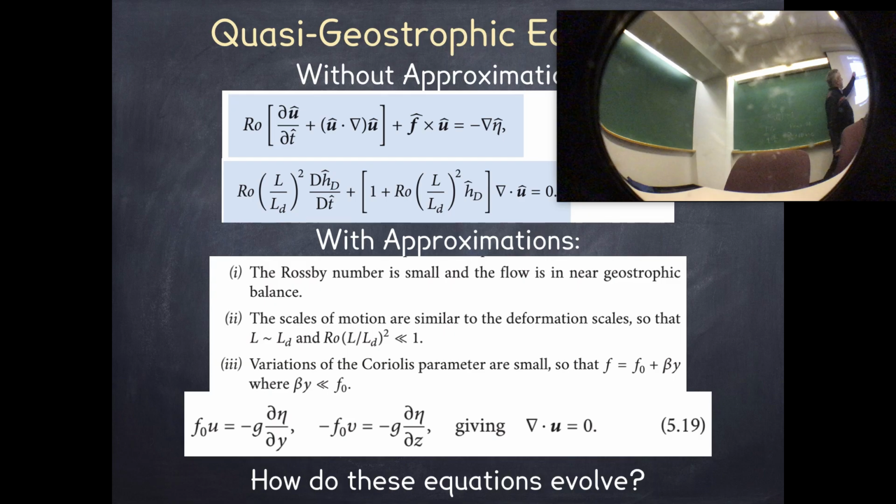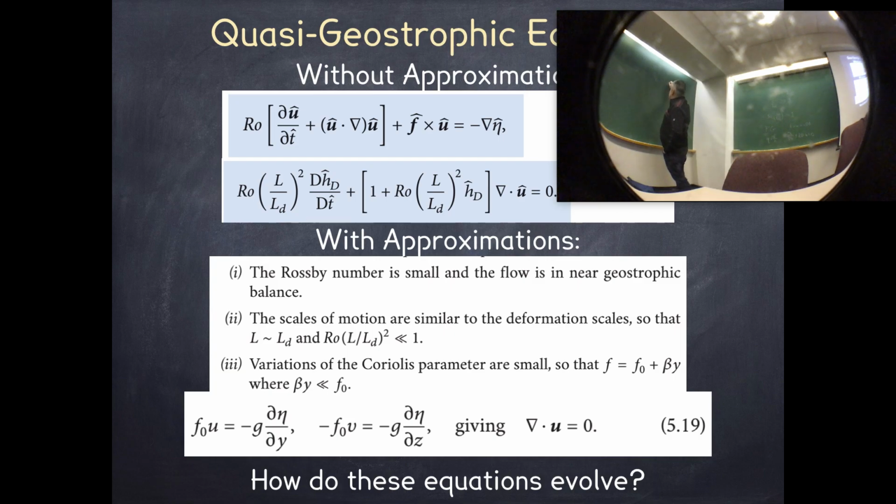If I have small Rossby number and L over LD has some different size, suppose L and LD are the same size, what happens to this equation? Rossby number is small, and also L is the same size as LD. So let's leave this up.